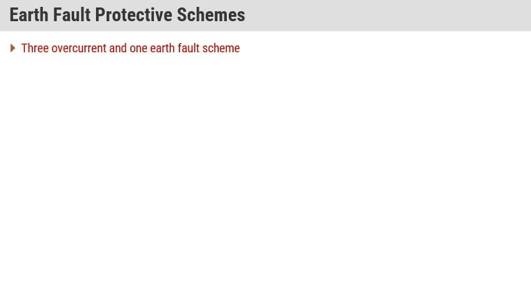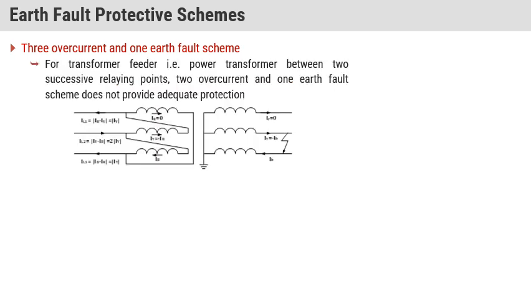Now consider the three overcurrent and one earth fault scheme for a transformer feeder, or a power transformer between two successive relaying points. A two overcurrent and one earth fault scheme does not provide adequate protection.